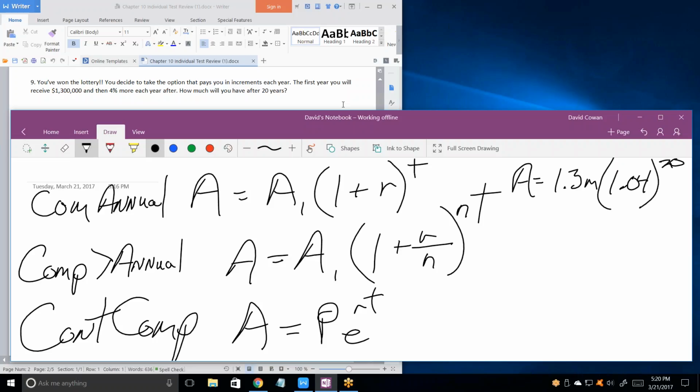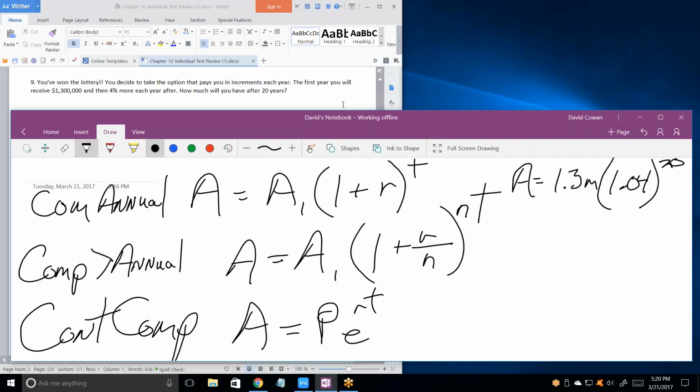If it was 4% per month, then T would be in months. And we would have to convert 20 years to 240 months. So just make sure that T has the same units on it that R has.